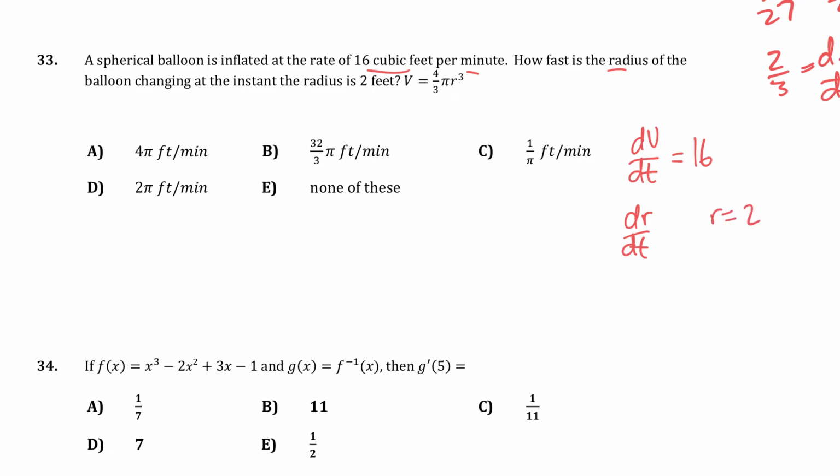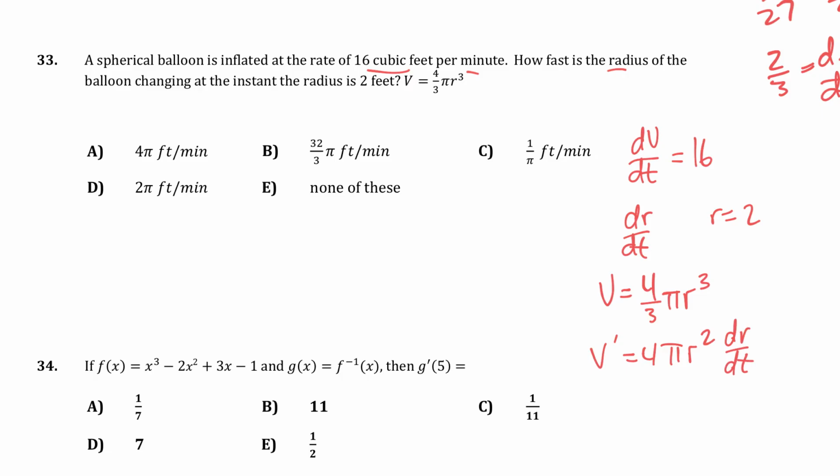Okay, so if the volume is given to us as 4/3 pi r cubed, and we take the derivative of that, that's 3 times 4/3 is 4 pi r squared. Okay, so that's the derivative of that. Oh, and with respect to time, so the derivative of radius with respect to time.